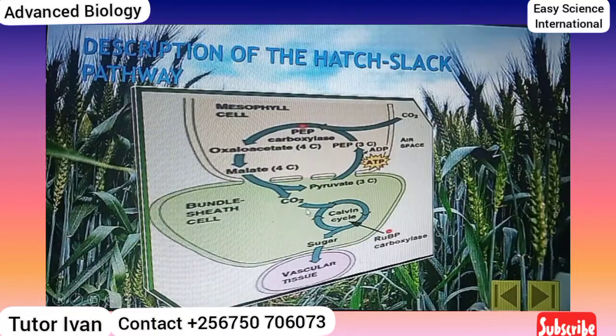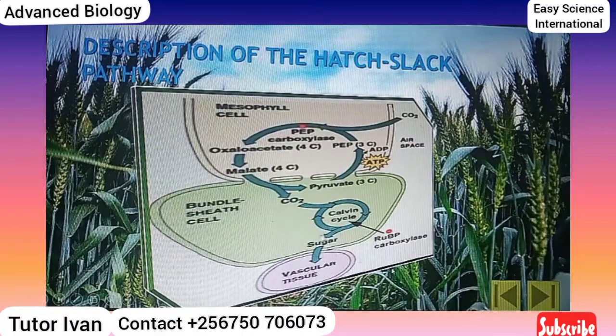So you know that in the Calvin cycle, carbon dioxide is fixed to RuBP, that is ribulose bisphosphate, forming PGA, phosphoglycerate, among other products, until we form the carbohydrate or the sugar.